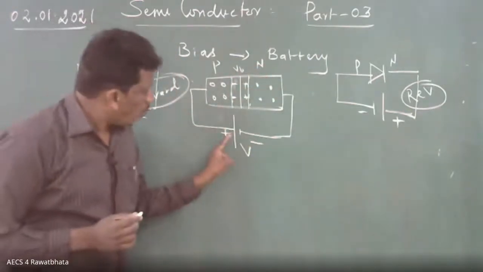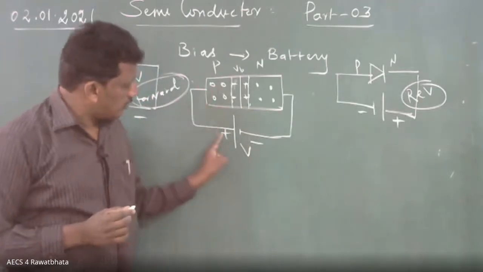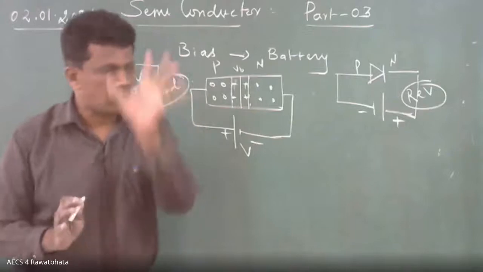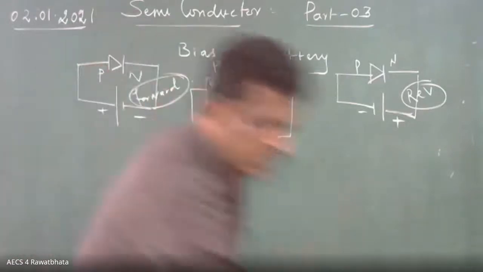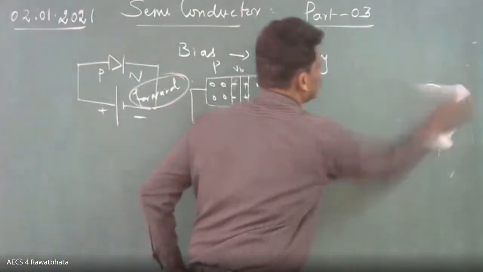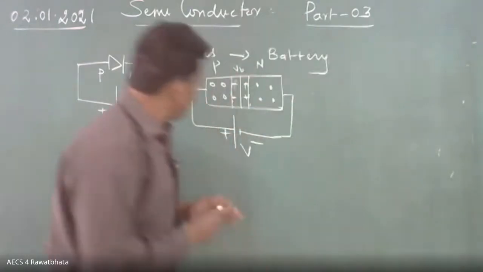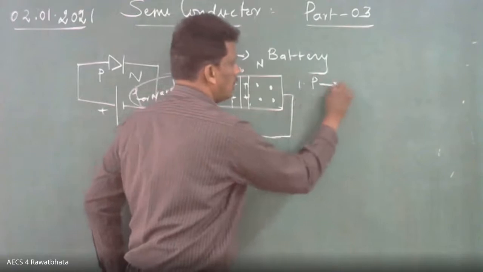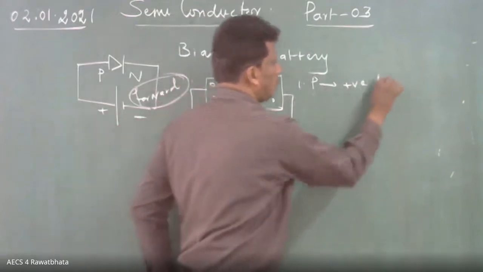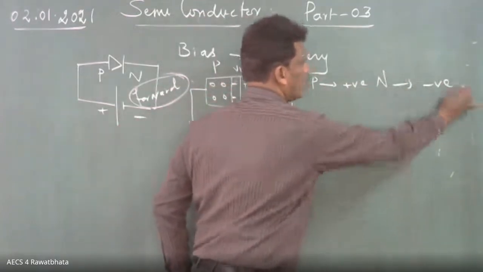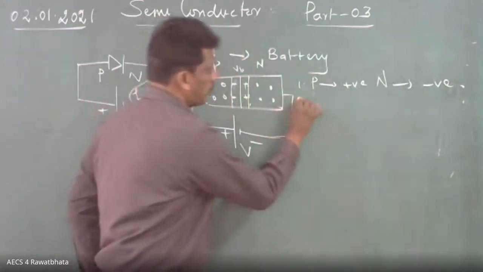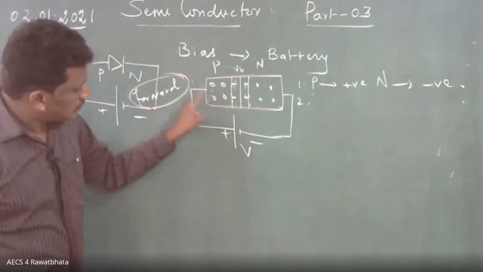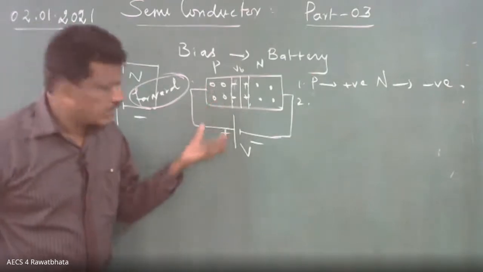Now, P region with the positive, N region with the negative. First point, forward bias. One by one, you write. Reverse, we'll see later. First point, how to connect the battery: P region with the positive, N region with the negative. Second point, what is happening? What is the majority in the P region?